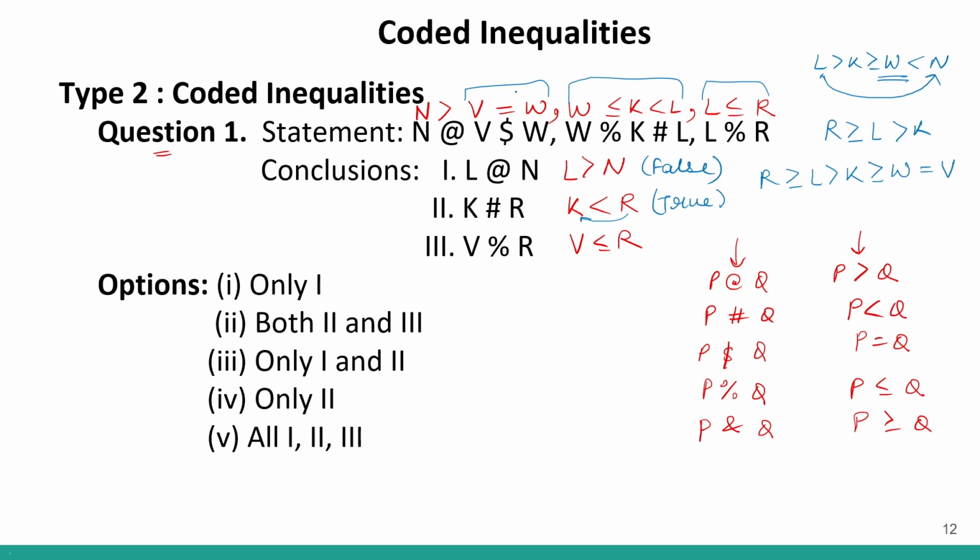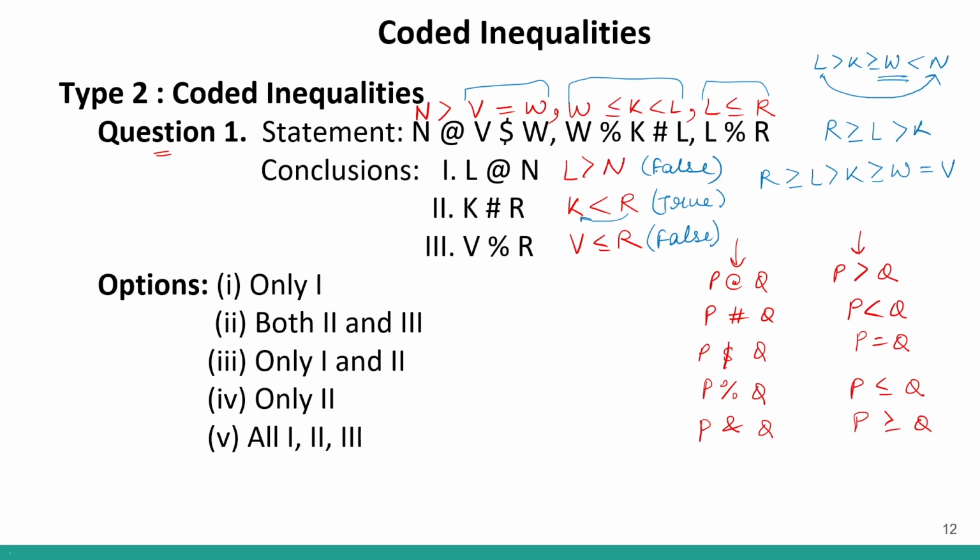This is the relationship. Now we have to tell whether R is greater than equal to V. So R is greater than equal to L. But over here the sign has changed. This sign is greater than, not greater than equal to. If this would have been like this, then I could conclude, okay, R is greater than equal to V, but this sign is like this. Therefore, this is also false.